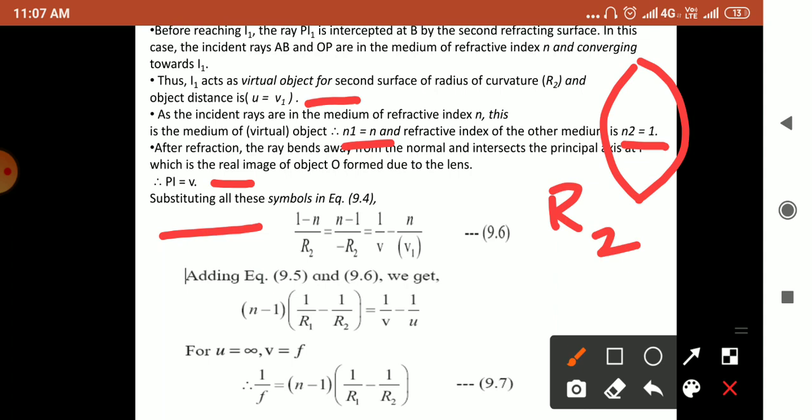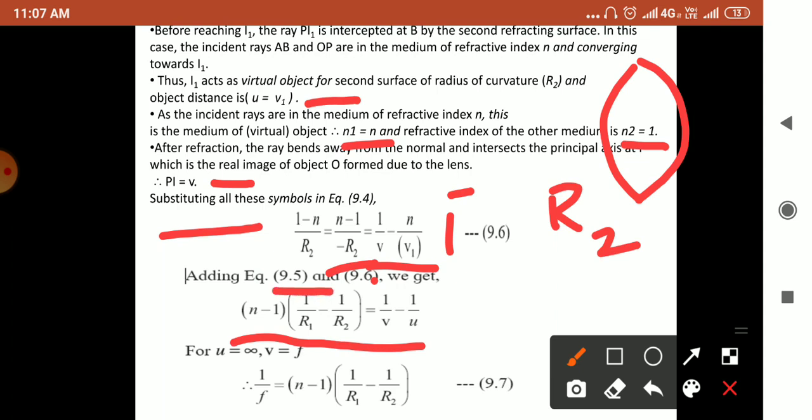So when we take minus sign common, we get this equation (n minus 1) upon minus r2. So further it becomes 1 upon v minus n upon v1. Then (n minus 1) into (1 upon r1 minus 1 upon r2).